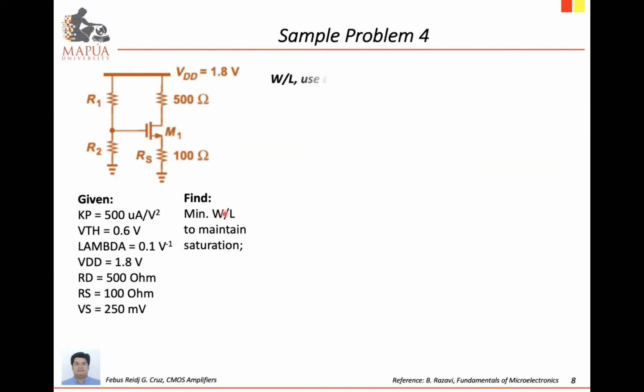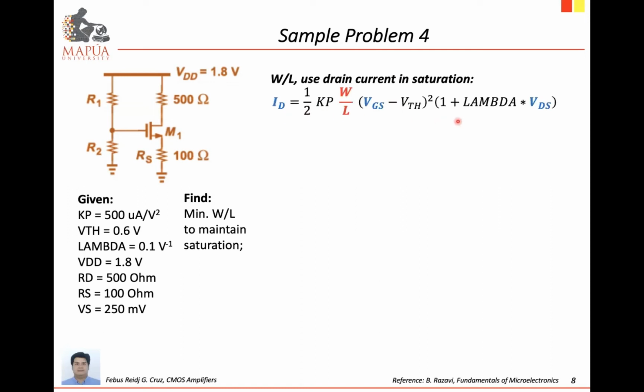So for the W over L, we can find it from the drain current equation. Before we can solve for the W over L, we need to know ID, VGS, and VDS. For the ID, we can use the voltage drop across the resistor RS. VS is given, so VS equals IDRS. Since VS and RS are provided, we can calculate ID.